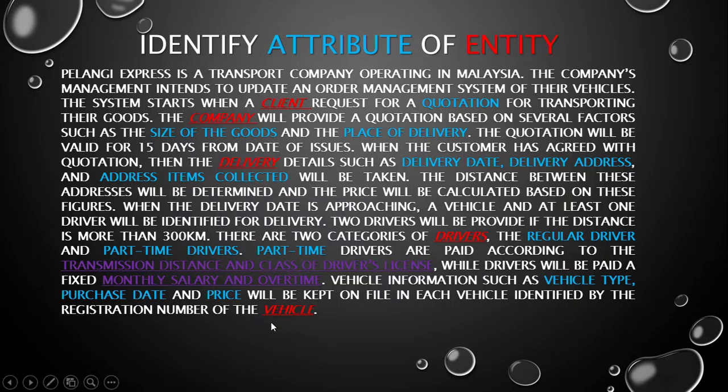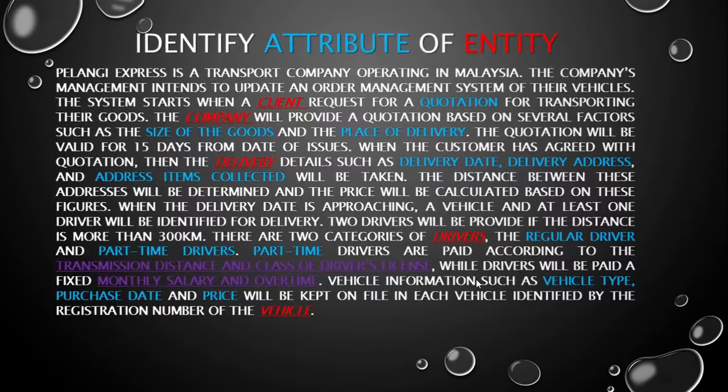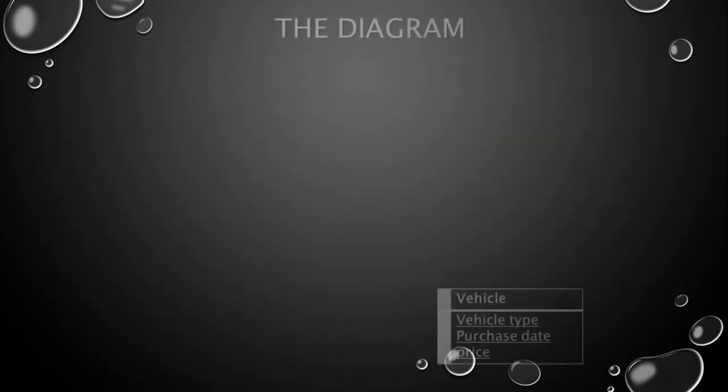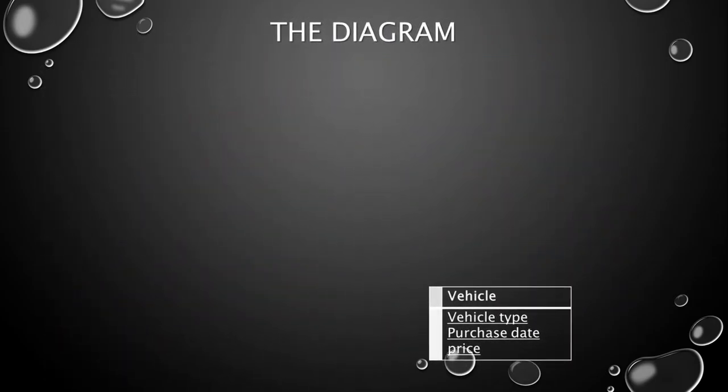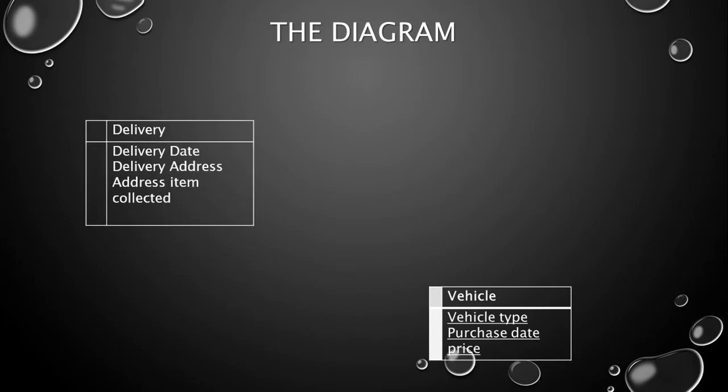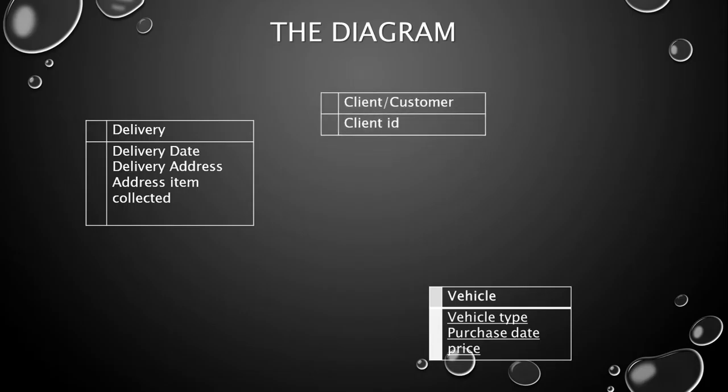If you see here, I put color here. The red color means the entity and the blue means the attribute. Okay, this is a diagram which I separated to make sure you can understand it more.